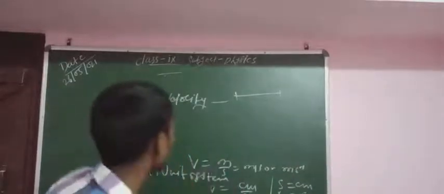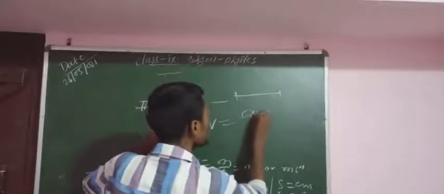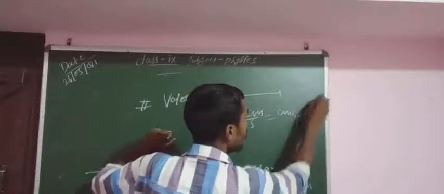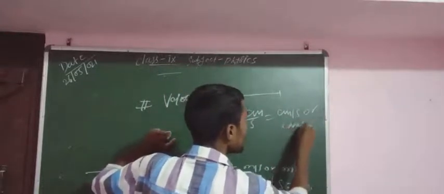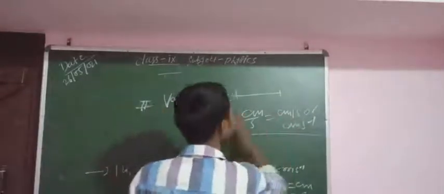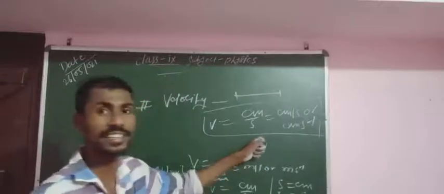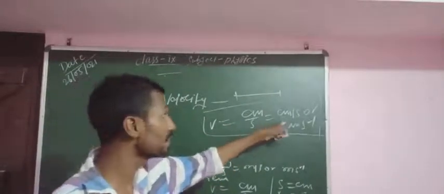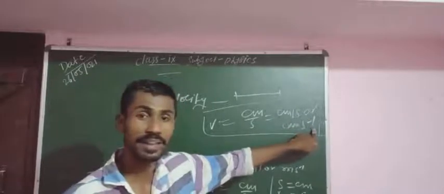So v will be equal to centimeter by second. The unit of velocity in CGS is centimeter per second. Both have the same meaning.